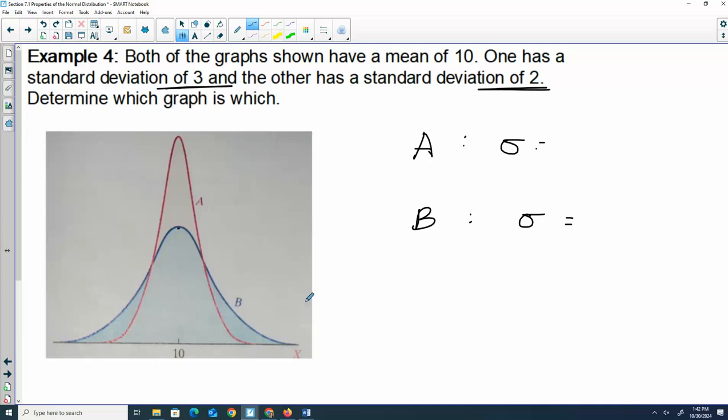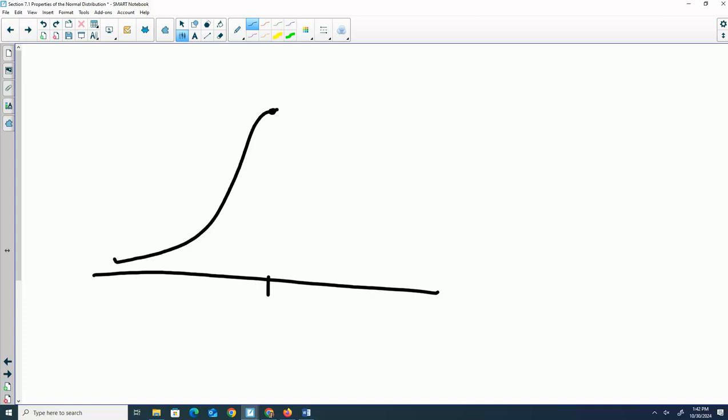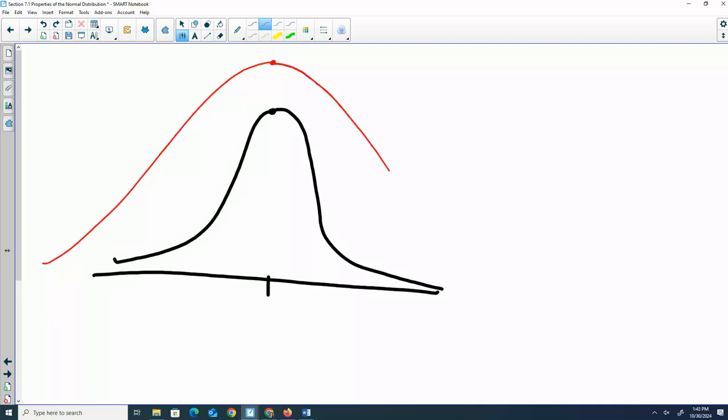So let's think about it this way. So this is my graph. If I compare that to another graph, this red one is more spread out.